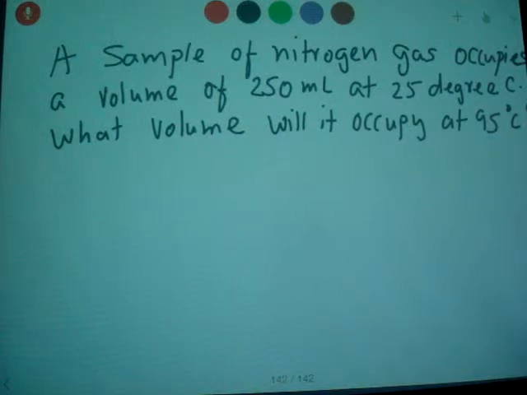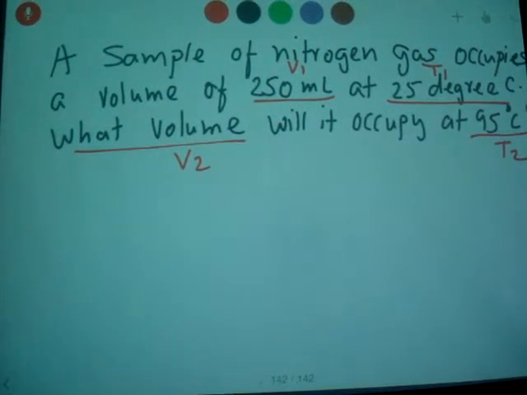Now, we know that this 250 milliliters we consider as V1. This is T1 and that's T2. We need to find V2. The first condition, we need to convert temperature into Kelvin.